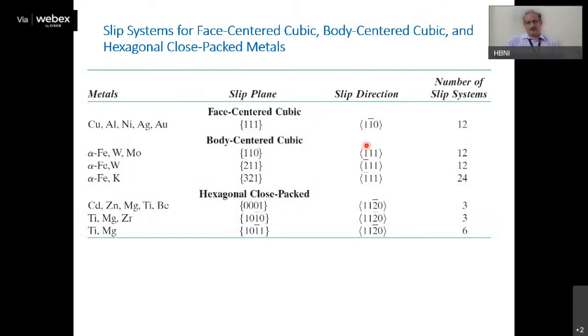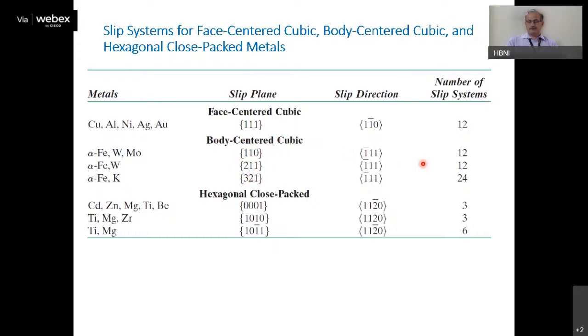So here is the list of different slip systems in different crystalline systems, like FCC, BCC, and hexagonal. In FCC, you have 12 slip systems, as I discussed. The highest density is in the 111 plane, and the slip direction is 110. In the same manner, in the case of body centered, there are different planes, which are the highest density planes.